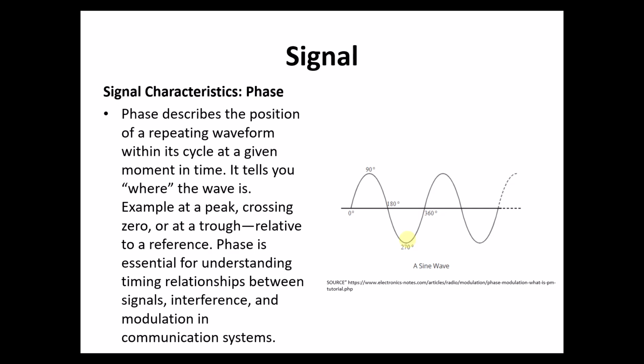Some will collide and then some will come together. Those that collide, if they are out of phase, will cancel each other. And those that come together, if they are in phase, will be constructive to each other. I will explain this later in the next slide.